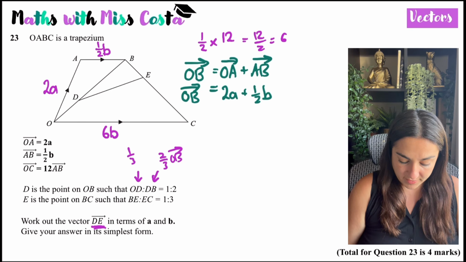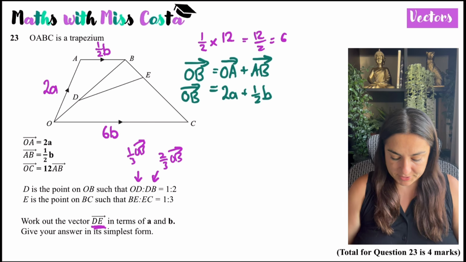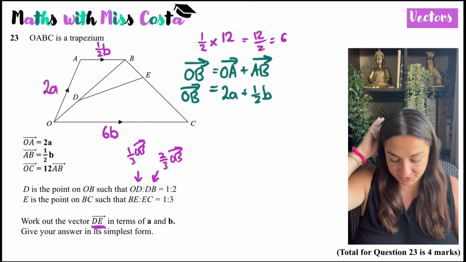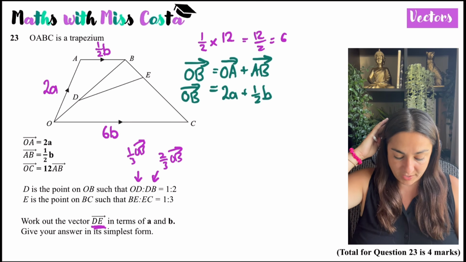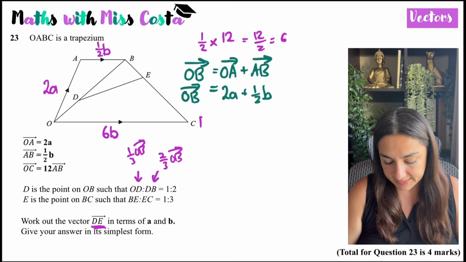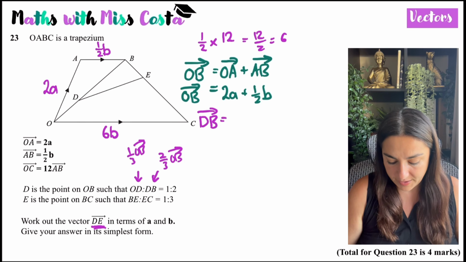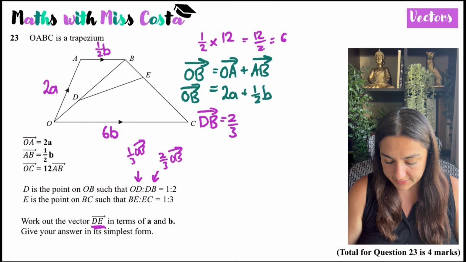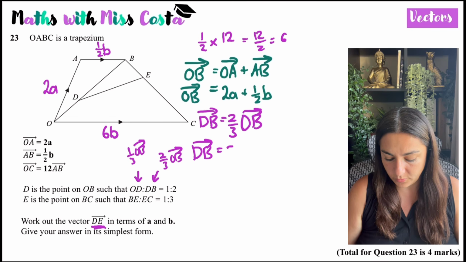OD is 1/3 of OB because the parts are 1 to 2. So in total there's 1 part to 2 parts. So as a fraction it would be 1/3. So if I want to work out what DB is, that would be 2/3 of whatever OB is. Okay, so I know what OB is, therefore it's going to be 2/3 of 2A plus a half B.